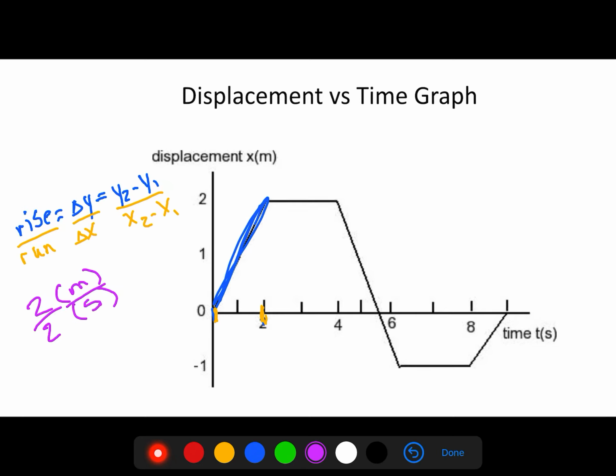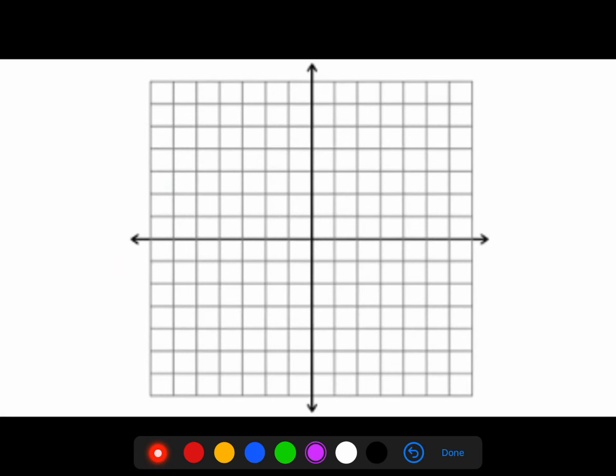So if I look at my units, I am left with meters per second. So if I were to ask you for the slope on this graph for this first segment, it would be 1 meter per second, which means that the slope represents the velocity of our object. Okay, remember, change in velocity is our acceleration, and we'll talk about that more here in a little bit.